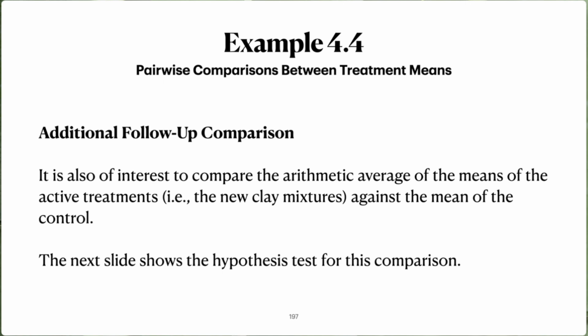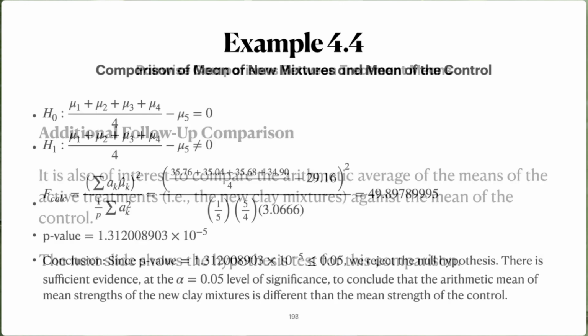Now, it is also of interest to compare the arithmetic average of the means of the active treatments, that is, the new clay mixtures, against the mean of the control. The next slide shows the hypothesis test for this comparison.